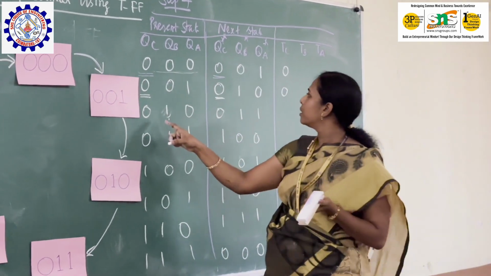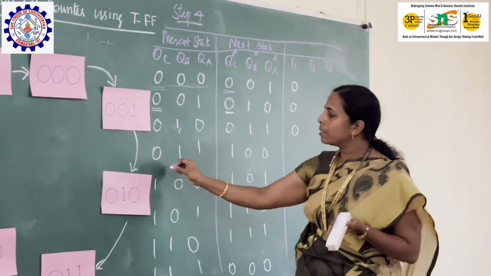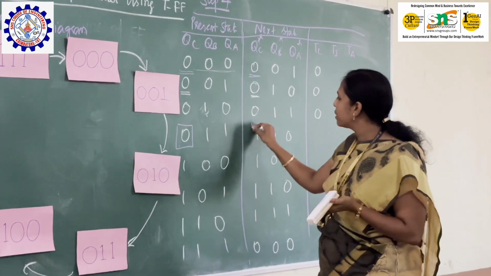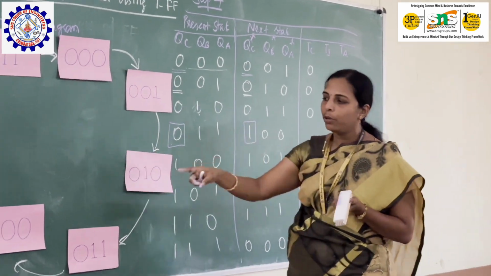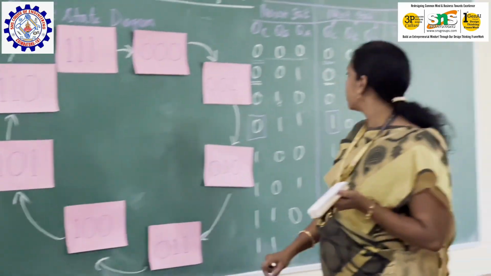If present state is 0 and next state is 0, it is 0. If the present state is 0 and the next state is 1, what is the value from the excitation table?